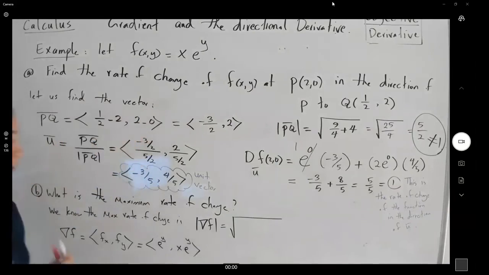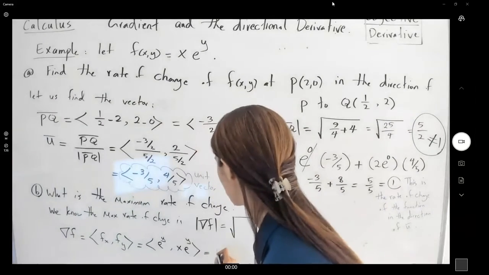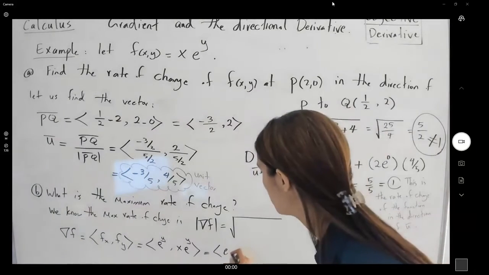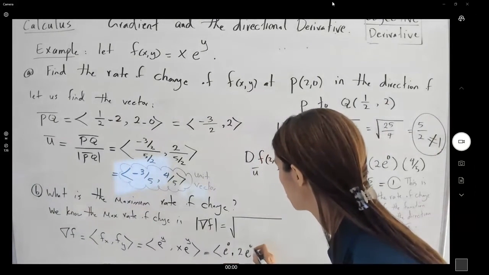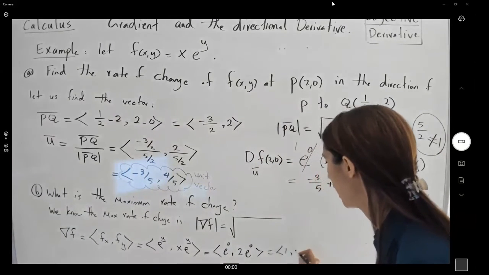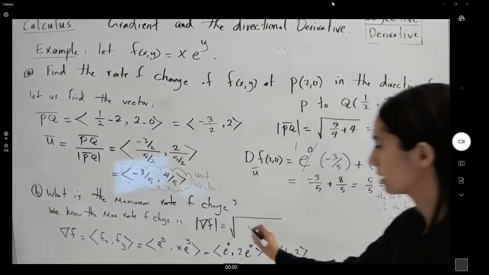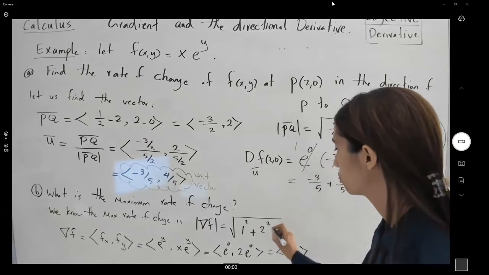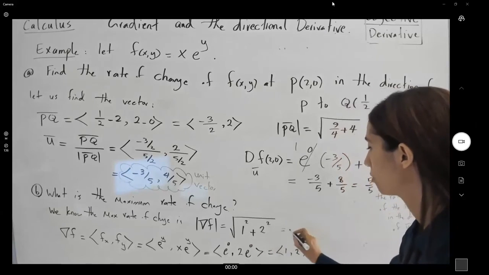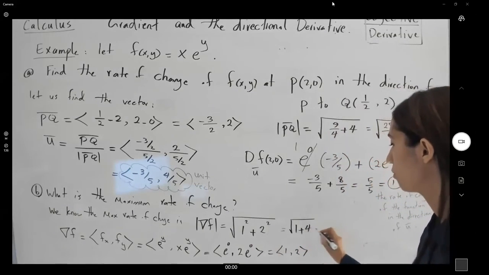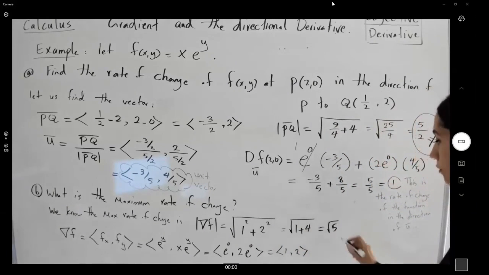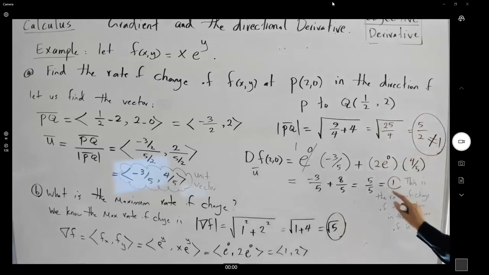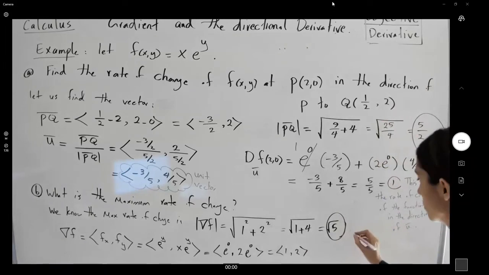At the given point, this is equal to e to 0 and 2 times e to 0, or 1 and 2. So I get the square root of 1 squared plus 2 squared, which is the square root of 1 plus 4, or square root of 5, which is larger than 1. This is my maximum rate of change.